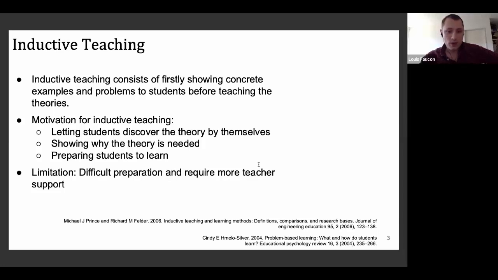It also shows students why the theory is needed, because they make efforts to try to understand specific examples and then understand why the theory is useful, or simply prepares students to learn. Unfortunately, one of the limitations of inductive teaching practices is that it requires more preparation from the teacher, and when used in classrooms, it requires more support from the teacher than usual teaching practices.